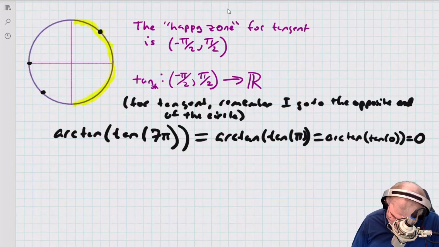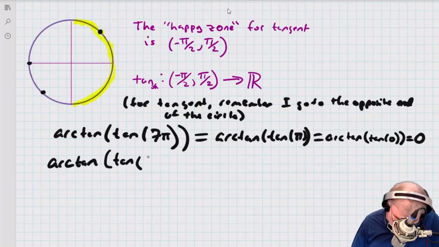So, for instance, arctan of tan of, what point is this?